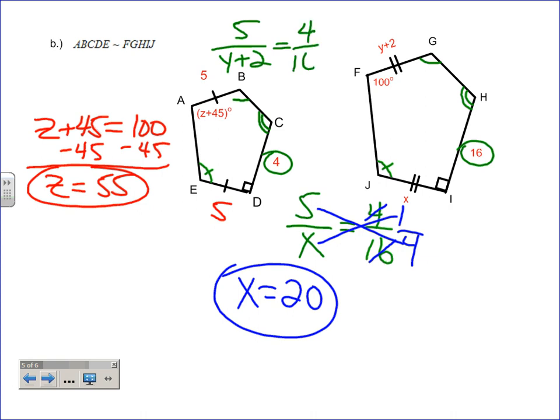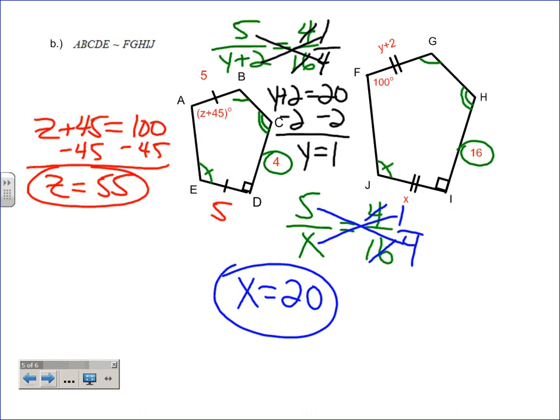And let's face it, is it okay, once again, now that I have it set up, to just make 4 over 16 1 over 4? It's fine. And I would do that whenever possible. And so we got y plus 2 times 1. Well, that's y plus 2 equals 20. Subtract 2. y is 18. So have we solved for all variables? Yep. And we have made sure that they would have to be similar.